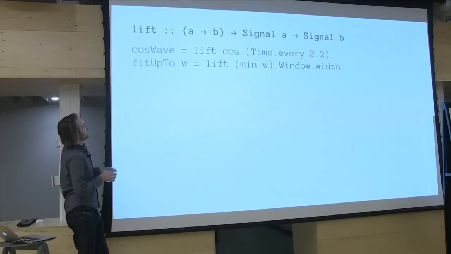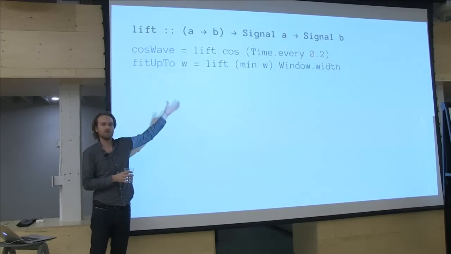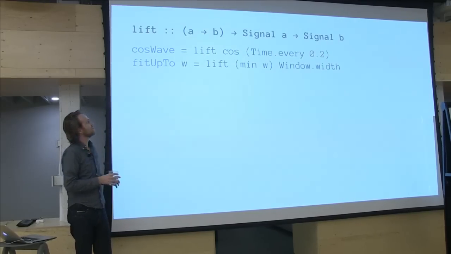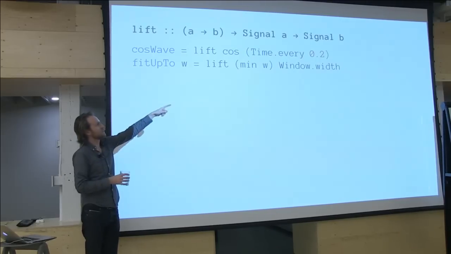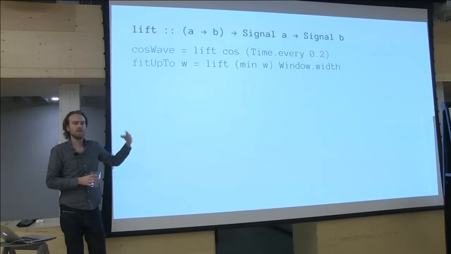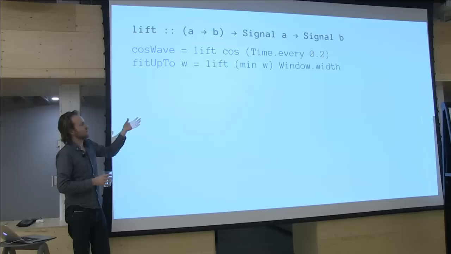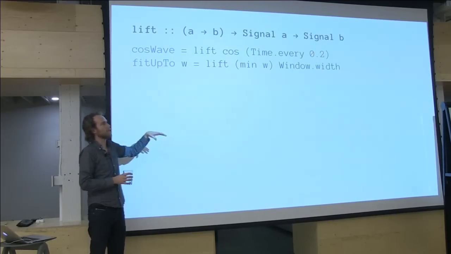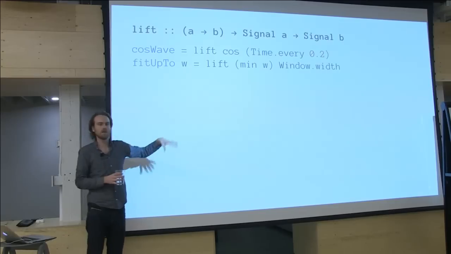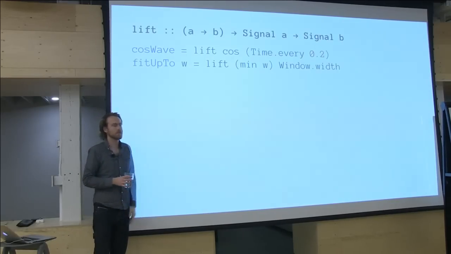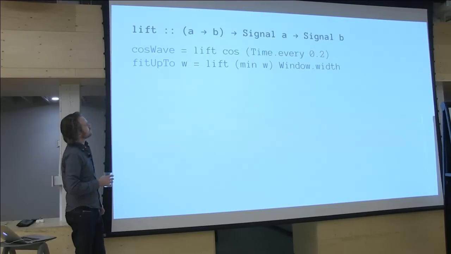So cos gives you the cosine of some number, and Time.every 0.2 gives you actually the current timestamp every 200 milliseconds.